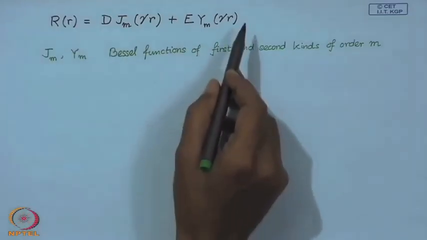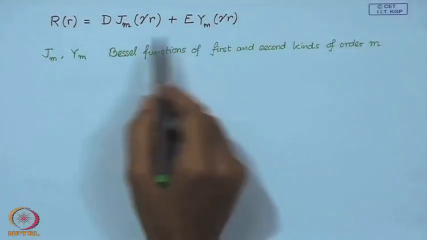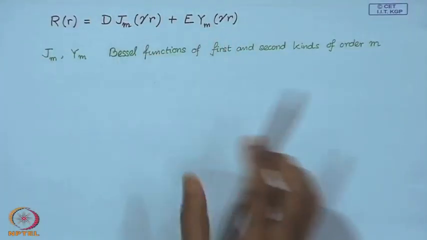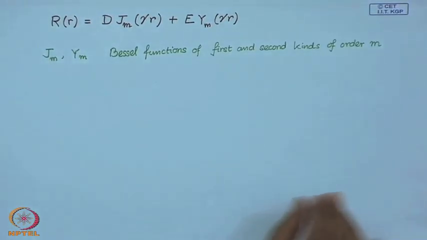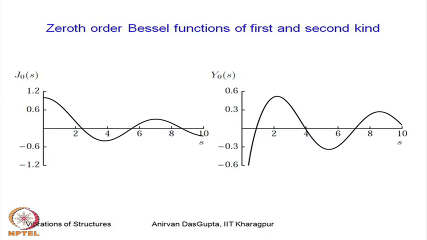Now, since we have the solution as a linear combination of these two functions, let us have a look to just have an idea of these functions. So, this figure shows the Bessel function of first kind. Here I have plotted only the 0th order Bessel functions, J0 and Y0, as a function of this argument s.